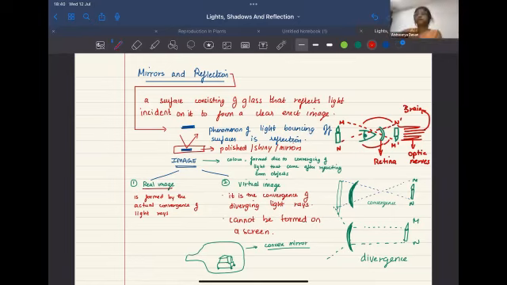I'll show you. Okay. Mom, can you wait for 1 minute? I'm drawing the diagram. Yeah, take your time. I guess a lot more is left.